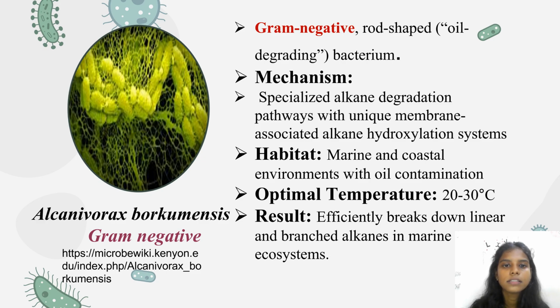It thrives in the temperature range of 20 to 30 degrees centigrade, which provides the optimal condition for its hydrocarbon-degrading capabilities. As it metabolizes the alkane compounds of the oil pollutant, it plays a role in the bioremediation of contaminated marine systems. Its specialized hydrocarbon degradation pathways make it a highly effective microorganism for cleaning up oil spills and restoring the health of affected aquatic environments.